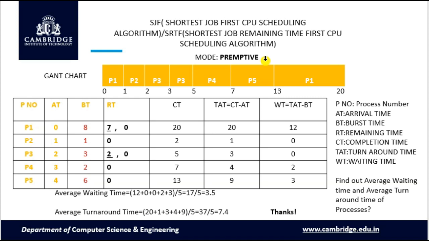So again the CPU is going to analyze it. Preemptive is nothing but the process can be taken out for the other process for execution, for want of less time.